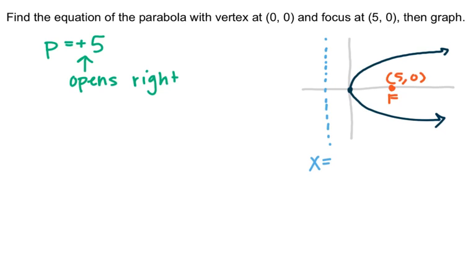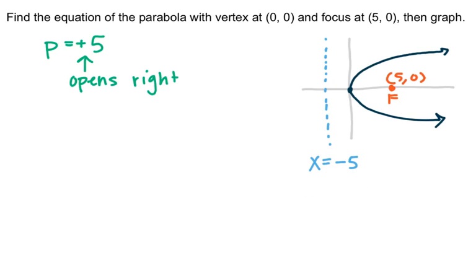The equation of that vertical line is x equals, and how many units away is that going to be from the vertex? We are -5 units away. Now, of course, this isn't drawn to scale, but here is my graph. So I know my p-value is +5. It opens right. And my directrix is the vertical line, x equals -5.